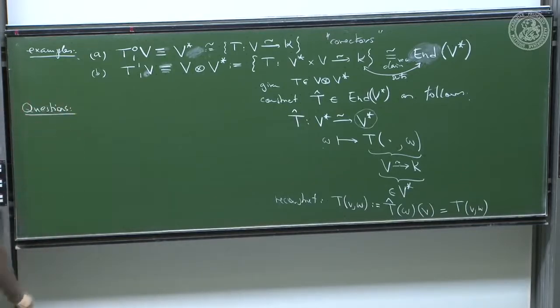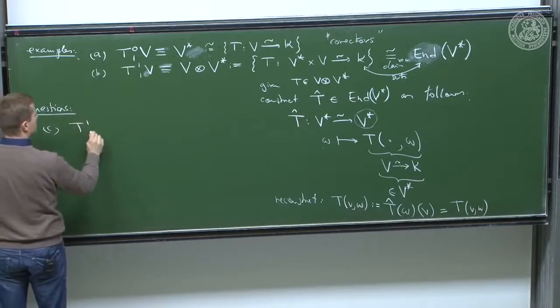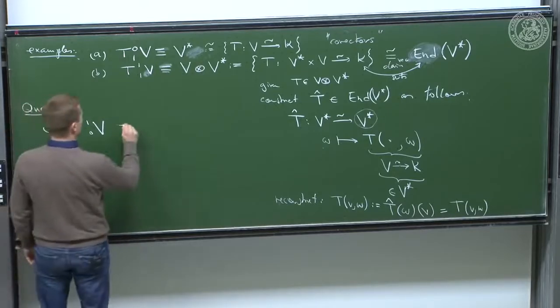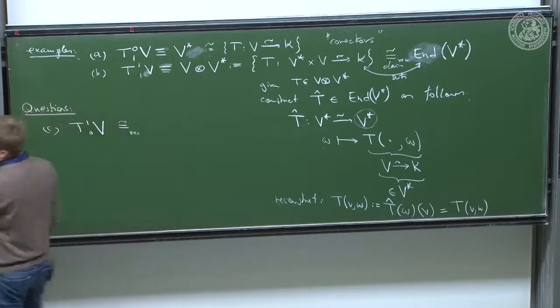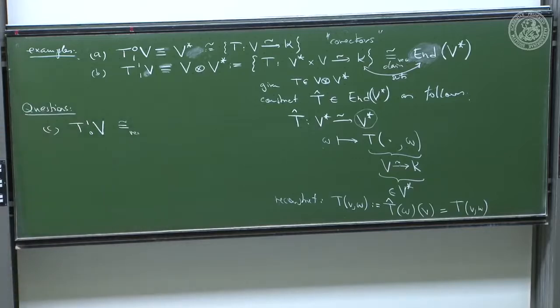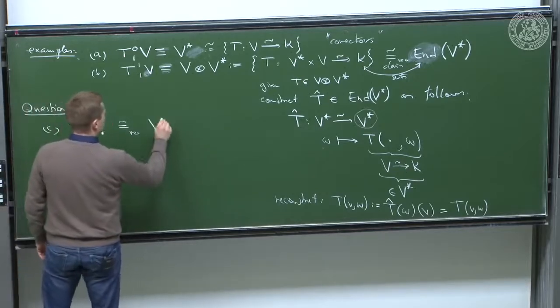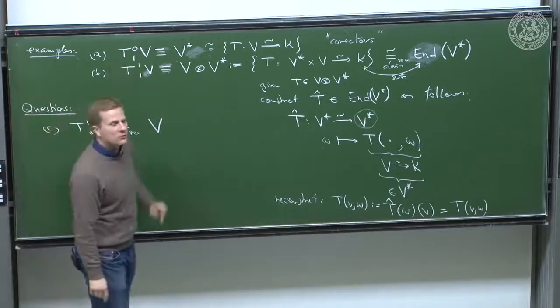So I would like to continue this list, and in particular, we had the 0-1 tensors. Now you look at any physics textbook, it will tell you that the 1-0 tensors, they're actually, as a vector space, a tensor space is a vector space, so it makes sense to write this isomorphic as a vector space. It will tell you that's the same as the vector space itself, whereas the 0-1s were the duals.